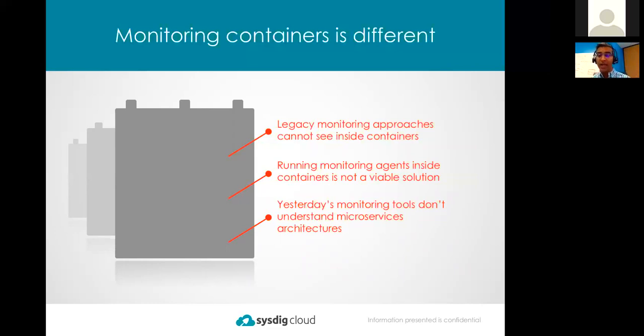The challenge with that layer of abstraction is that it causes the code inside it to look like a black box. Really good for development and for portability, not so good for operations, where you really need to see inside the black box to understand not only how the container is performing, but how the app inside the container is performing.